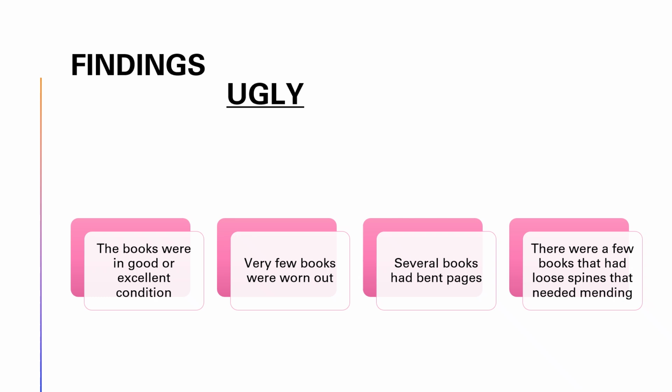So from that data, the books that are in excellent or good condition, very few books were worn out from my evaluation. There were several books that had bent pages, and there were a few books that had loose spines that needed mending. Again, we are talking about the books that had not been checked out in the past 5 years.